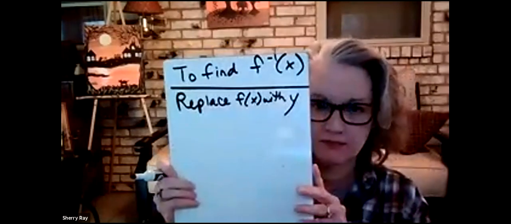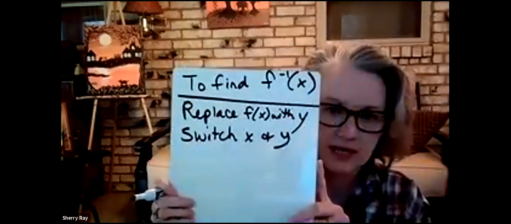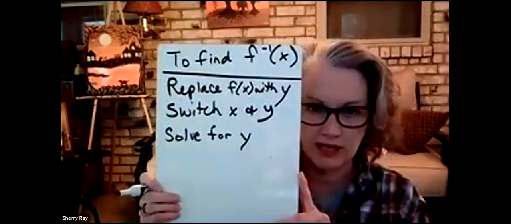So to find f inverse of x, we replace f of x with y. That's our first step. Then we want to switch x and y. That's our second step. Then we're going to solve for y. And that's the step we're on right now.